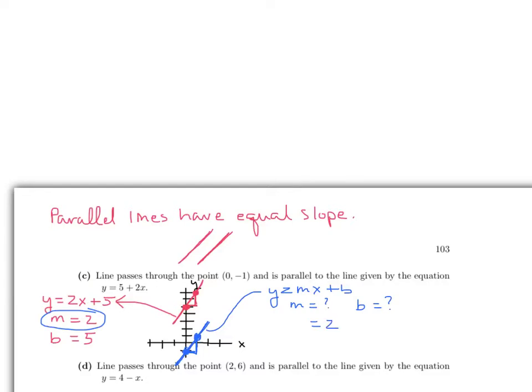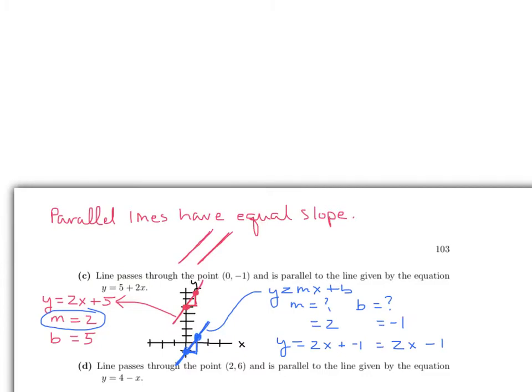So m is 2, and b, that's the y-intercept or the vertical intercept, we can get because we can see the vertical intercept down below. It's y = -1. So b is -1. So the equation of this line is y = 2x + (-1), or rather 2x - 1.